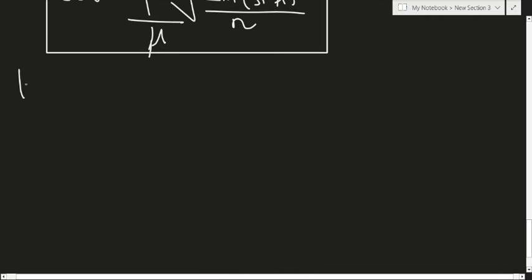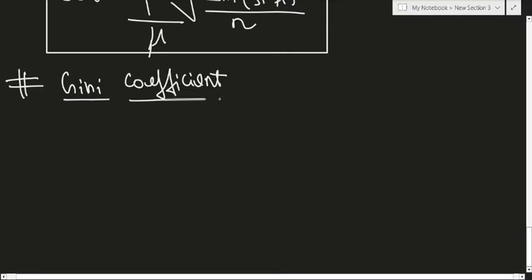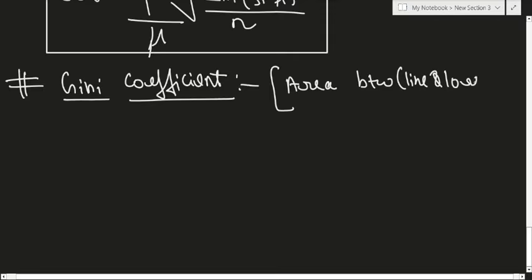Now next and the most important thing, that is the Gini coefficient. For geometric interpretation, we have the area between the line and the Lorenz curve, whole upon the area below the line of equality.